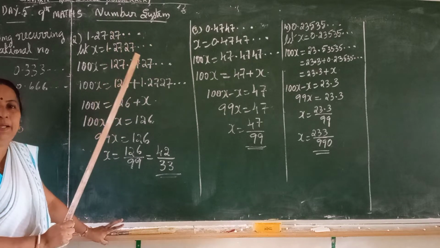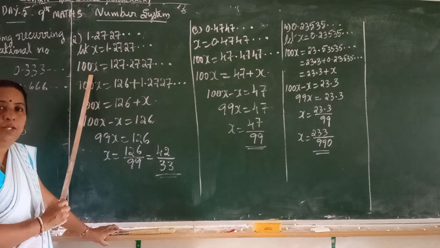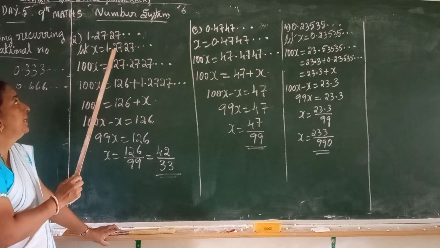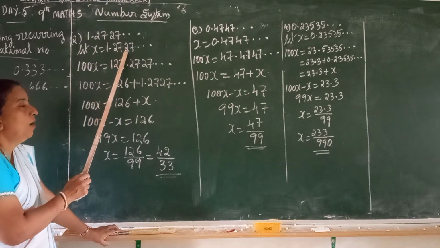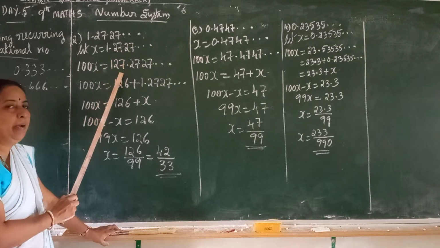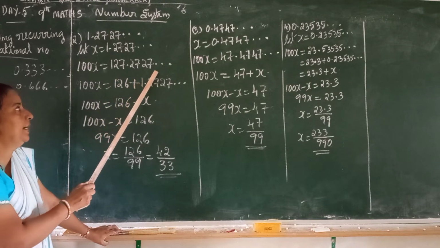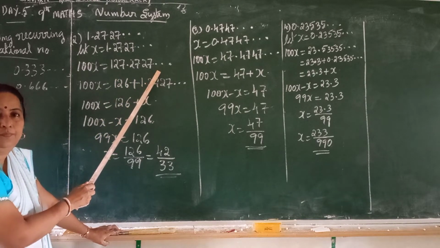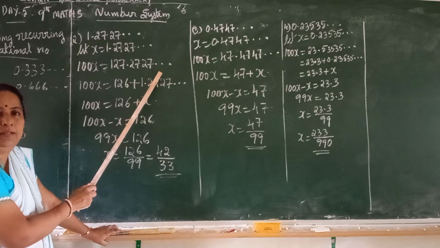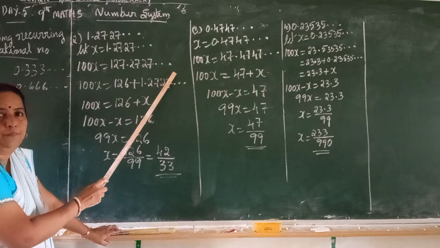Two digits are repeating. So multiply by 100. 100x: the decimal moves forward by 2 places. Instead of 1, it will become 127.2727 and so on.